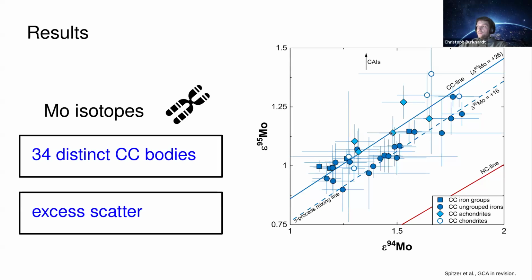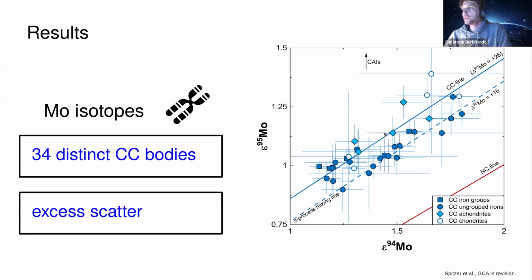And again, the arrow indicates the composition of CIs, which is somewhere up here. It might be that obviously these carbonaceous materials are also mixtures again. And it might be that this scatter relates to mixing of different components.